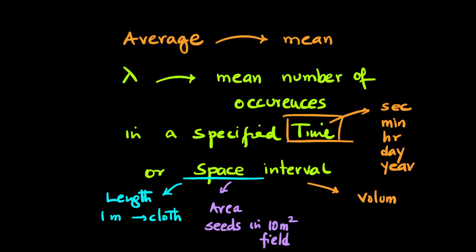For example, the number of microorganisms or the number of bacteria in 1000 centimeter cube of a particular solution. So all this will fall into the category of space interval, whether we are talking about length or area or volume. And the examples of time interval are all listed over here.